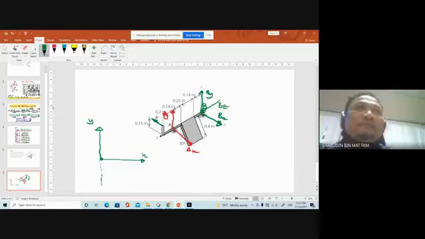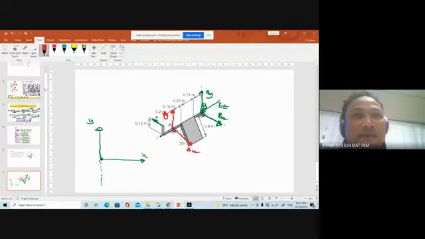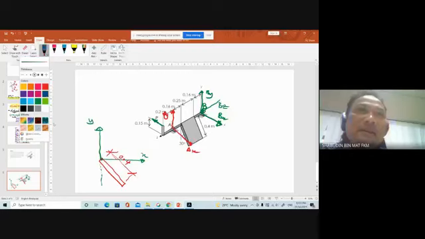Then that plate is inclined 30 degrees from there to here. The distance there to there is 0.4. And then your mg sits in the middle of 1.4 here.